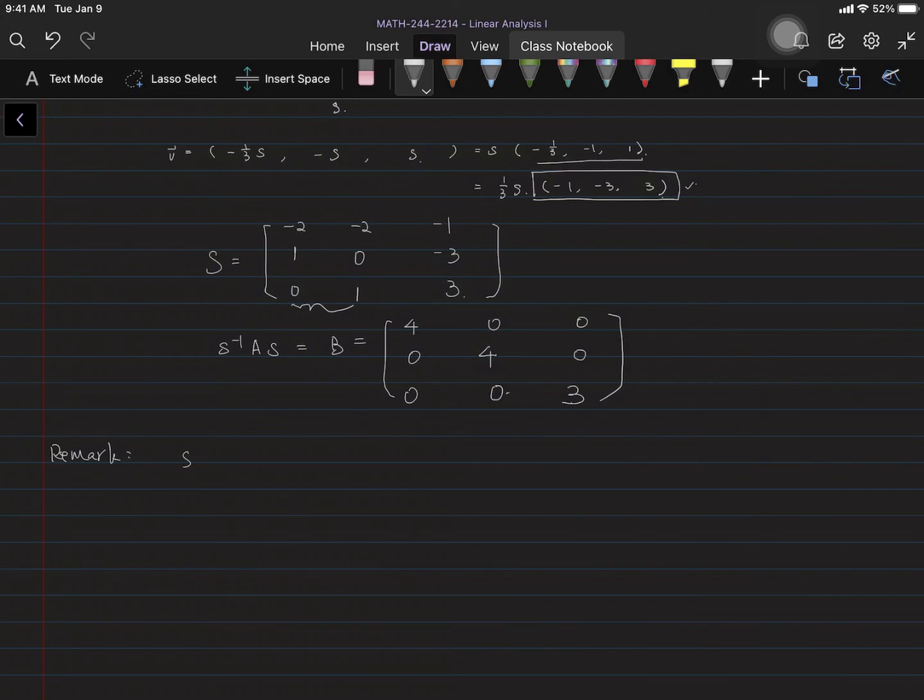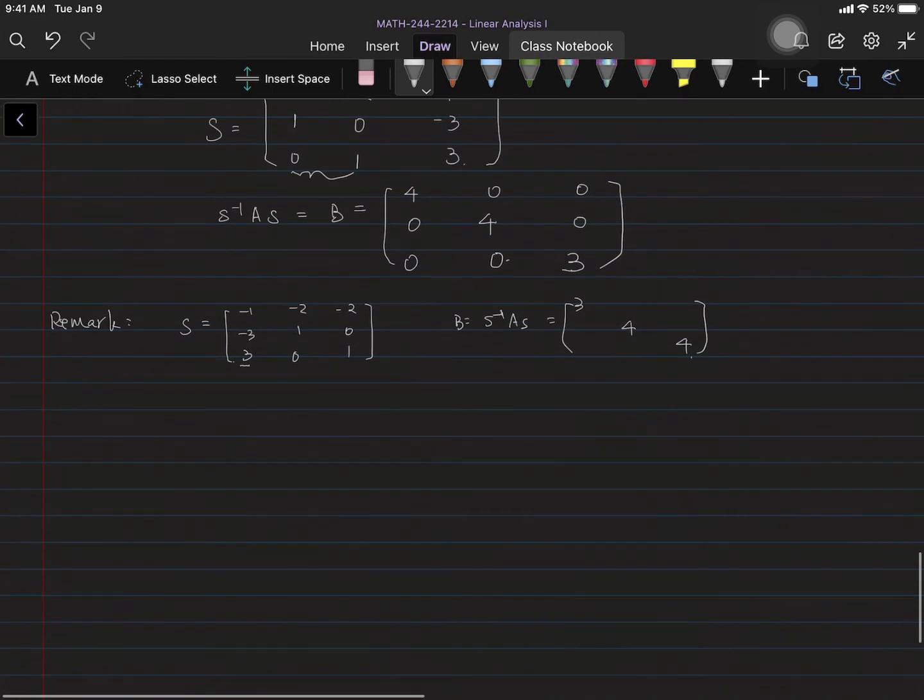For example, if you write your S with -1, -3, 3 first, and then the other 2 eigenvectors, then your B is going to be this diagonal matrix, corresponding to that: 3, 4, 4. Does it make sense? They just have to correspond to each other.